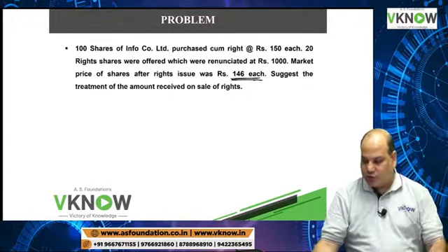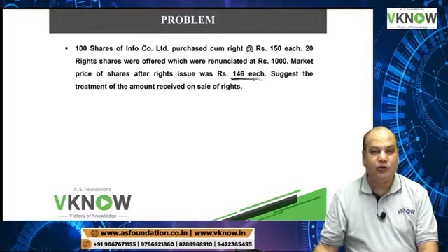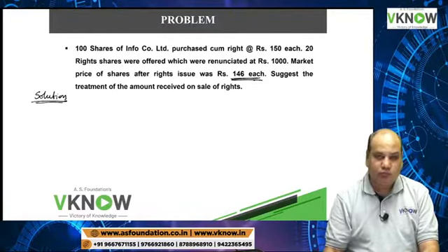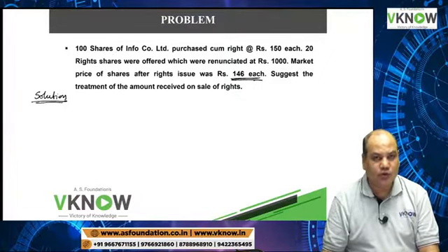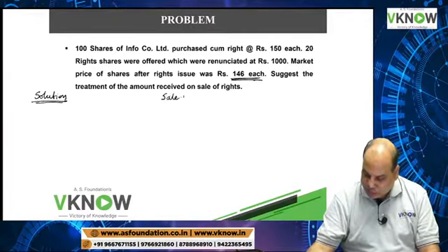Suggest the treatment of the amount received on sale of rights. What they have done is changed one number. Market price has not gone down by 1000 rupees this time, so I will try to explain in a simple manner.